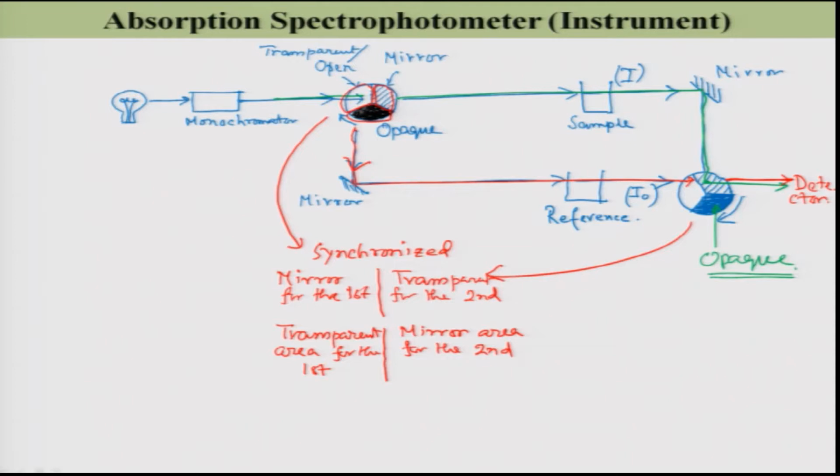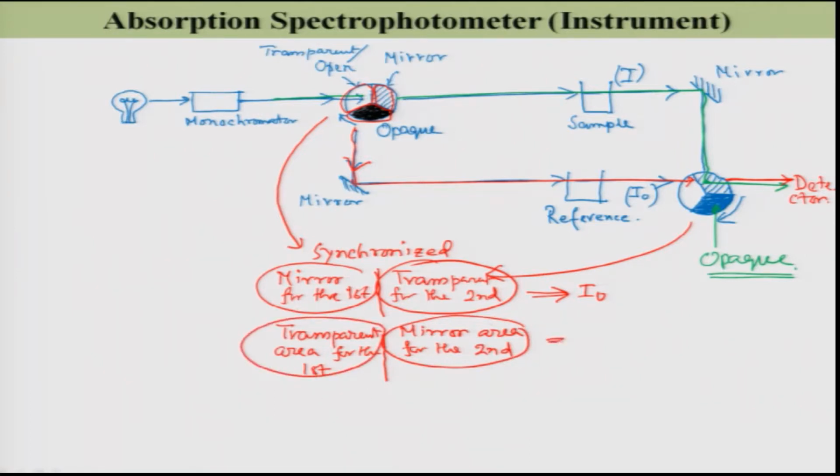These two rotating mirror systems are synchronized in such a way that when it is the mirror part of the first one, it is the transparent part for the second one, and you can readily determine this I0 value. Otherwise, when it is the transparent part for the first one and the mirror part of the second one, I can measure this I.